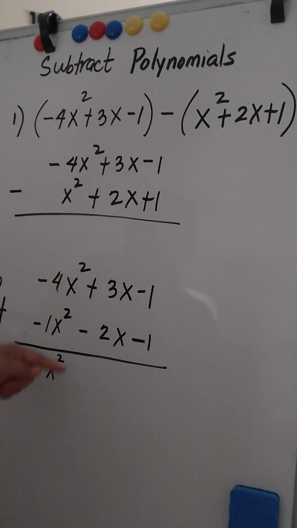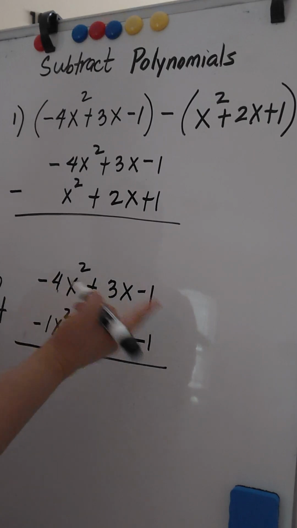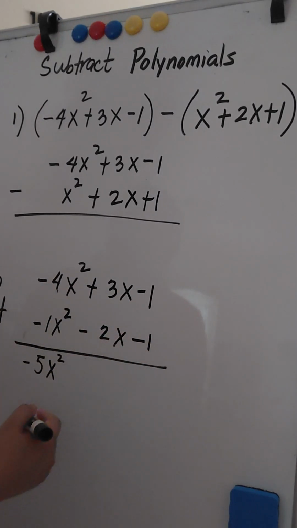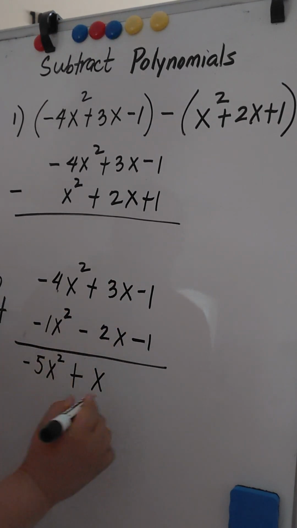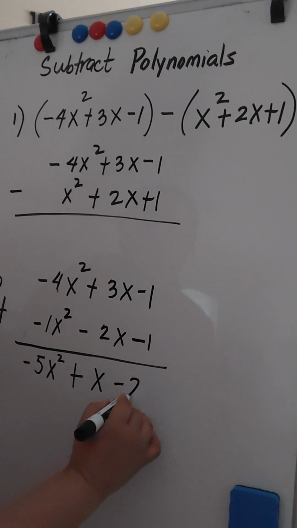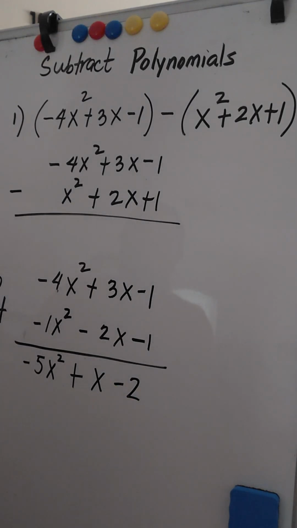Now, adding different or opposite signs, subtract the numbers and then copy the sign of the larger number. So we have positive 3x plus negative 2x, and that would be plus x. And then negative 1 plus negative 1 is negative 2, or minus 2.